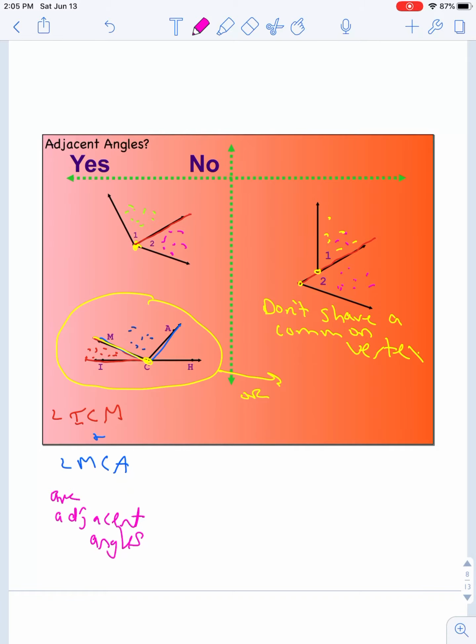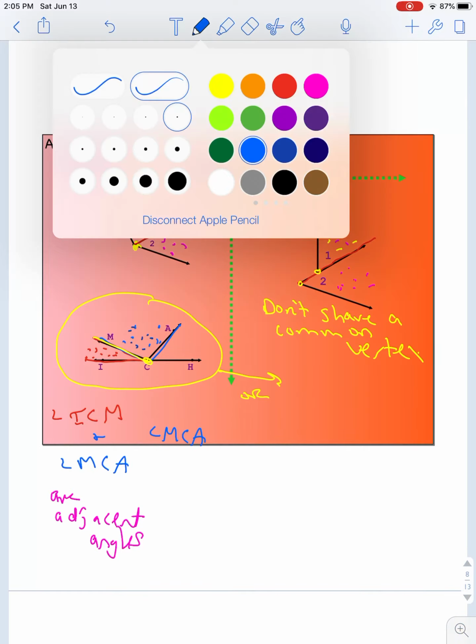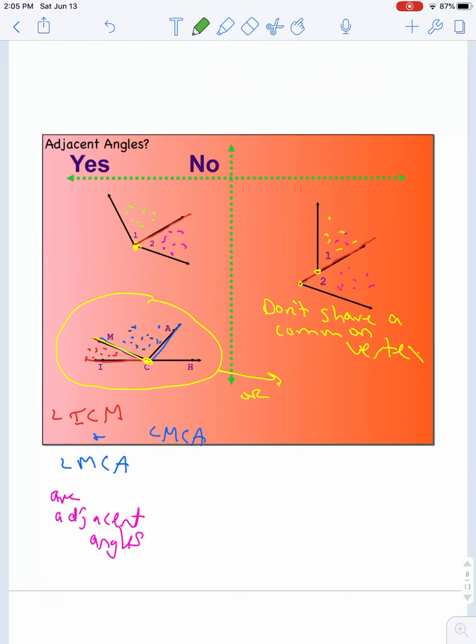And there are other ones as well. We could also look at angle MCA, which is the blue one again that we already drew. And we could look at ACH, and they also are adjacent angles. But what if we look at angle MCH?